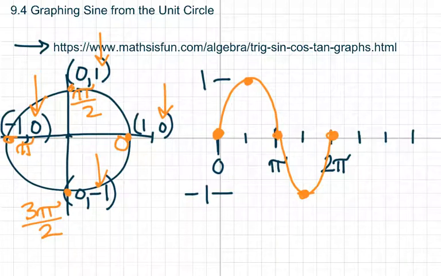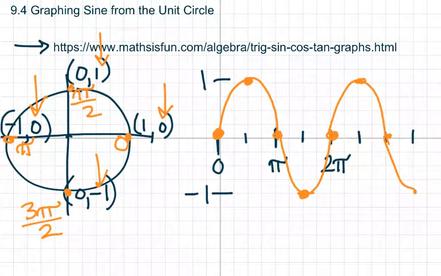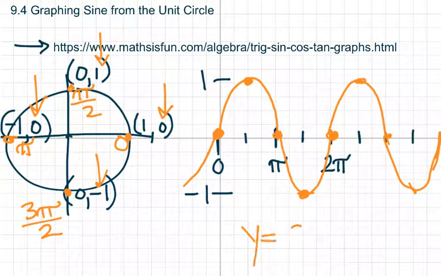Okay, so we know from here it goes up, and then it's going to come down, and it just continues on ad infinitum, and of course it'll go the other direction too. It's just that we only drew these. And this is called the sine wave. So this is y equals sine x. Of course, you can do it in degrees also.